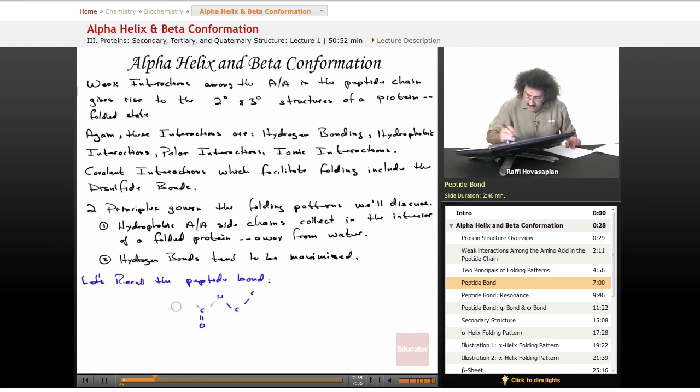I need a little bit more room here, so let me redraw this. I'm going to do my resonance structure left and right instead of up and down. So let me start over here on the left. NCC, NCC, and the second carbon always gets the carbonyl. I'll put some electrons there, and I'll just leave it like that.